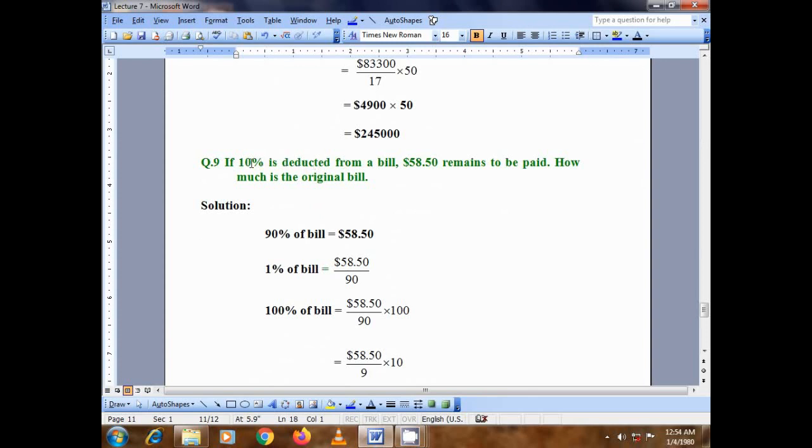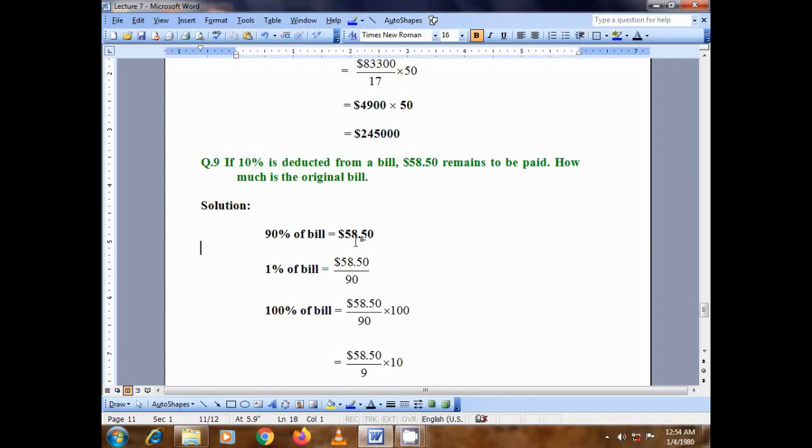Okay, so now here we have given deduction, which means decreased. If 10% is decreased from a bill, this sentence can be written as if 10% is decreased from a bill. So since we have given decreased, it means we will subtract this 10% from 100. So the quantity will be 90% of bill.